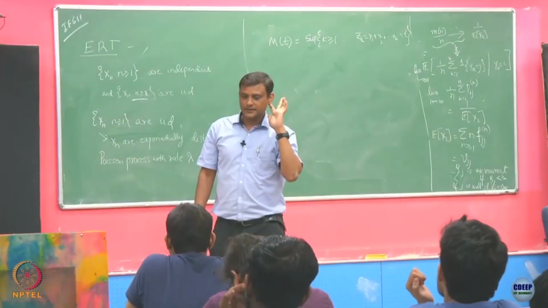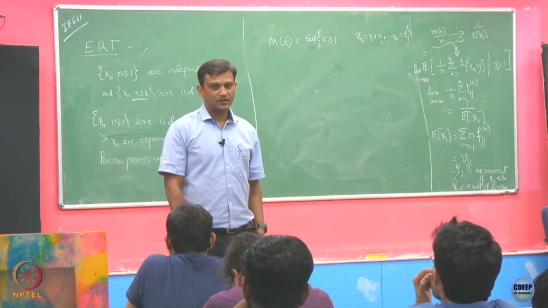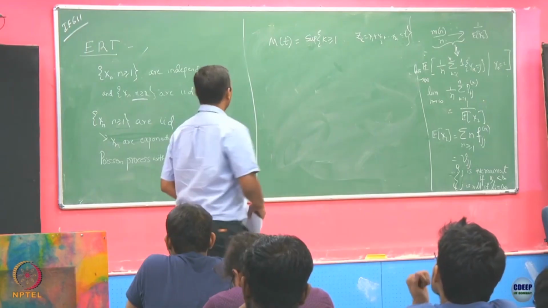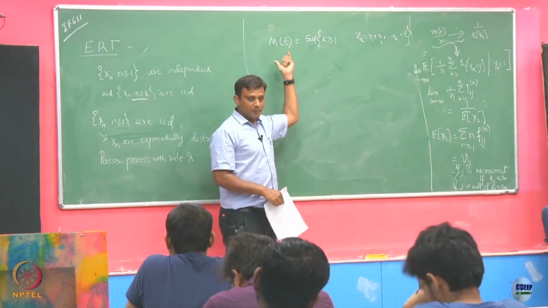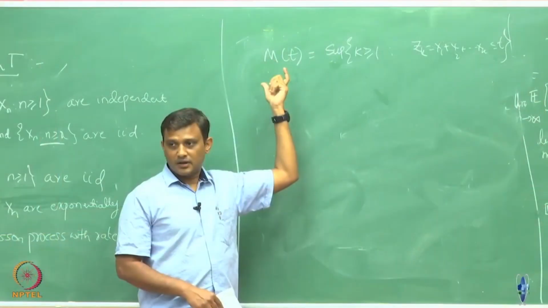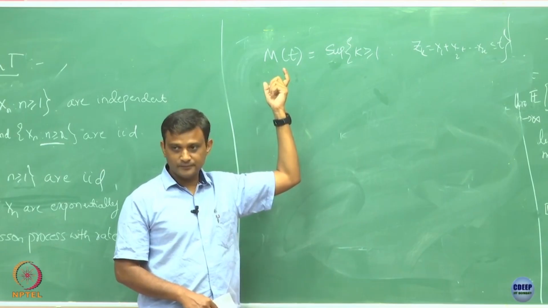Now what is this M of t basically? M of t is the number of arrivals in the interval 0 to t, right.